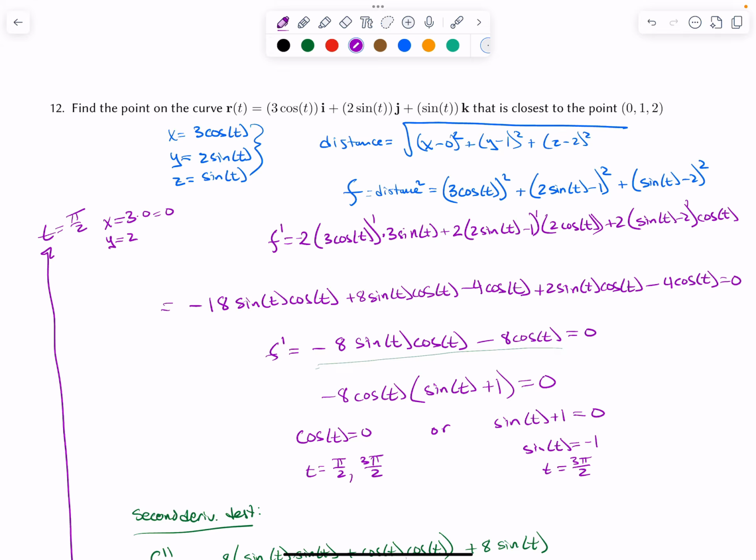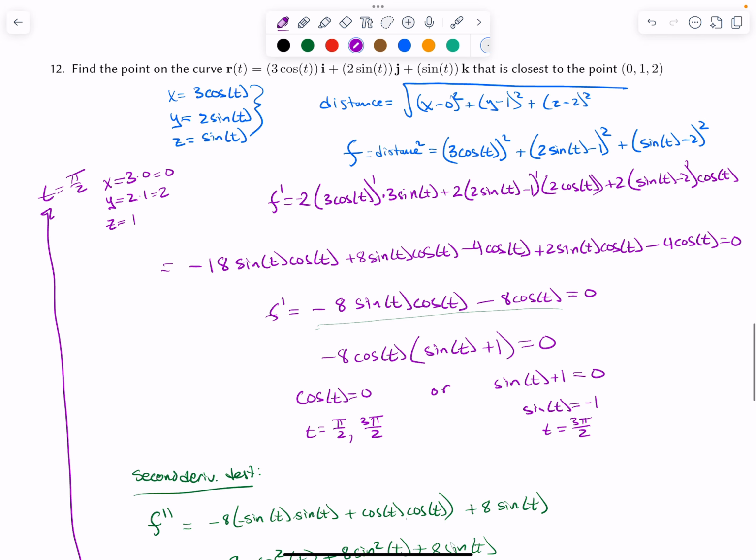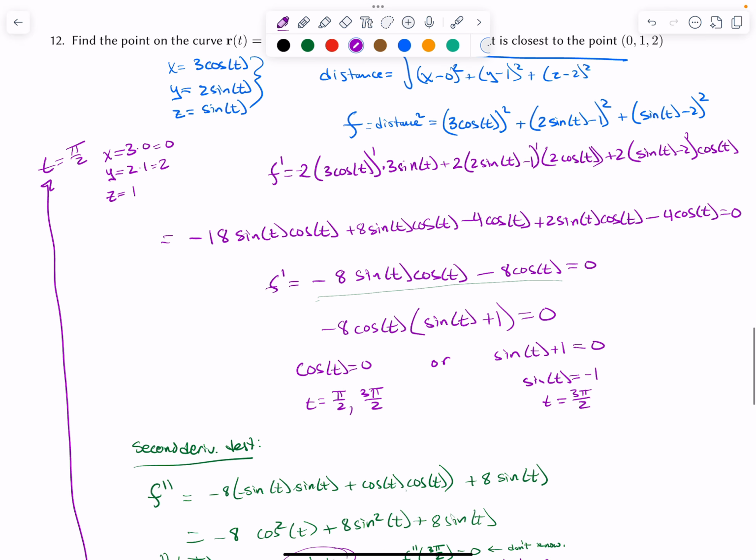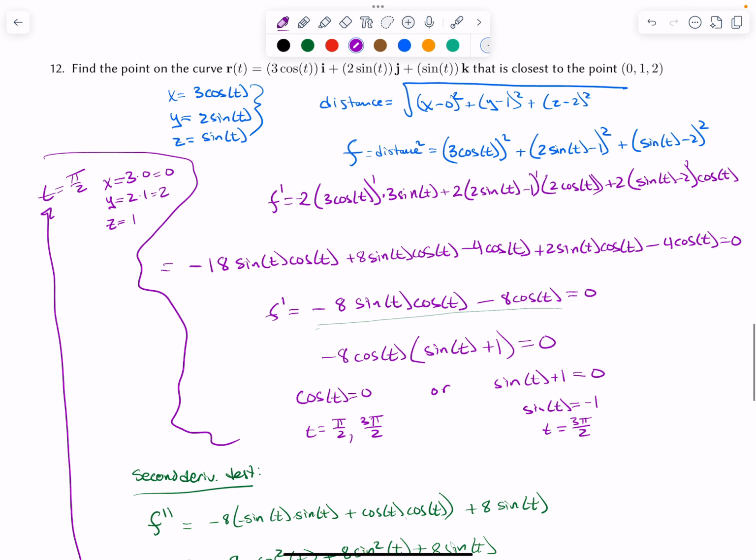Y is equal to 2 times the sine of pi over 2, that's 1, times 1, which is 2. And z is just the sine of pi over 2, which is 1. So the point on the curve, so the answer, is the point x equals 0, y equals 2. There. That is the point that is closest to 0, 1, 2.